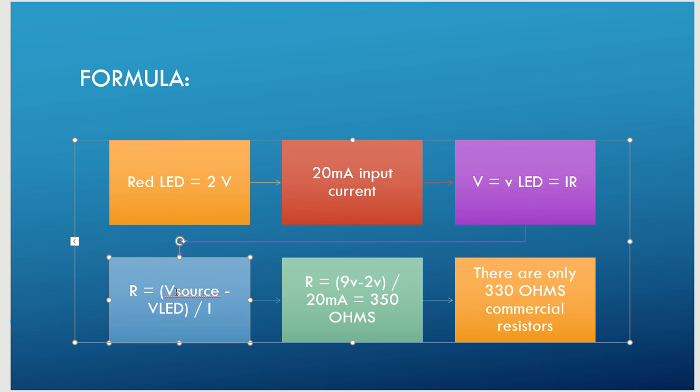But in this case, we are going to use a 9 volts source. So it's going to be 9 volts minus 2 volts divided by 20 milliamps. We get 350 ohms. But there is no commercial value for this resistor, so we're going to use a 330 ohms commercial resistor. So that's the value for the resistor that we need for our LED.